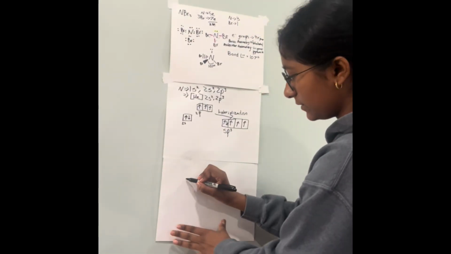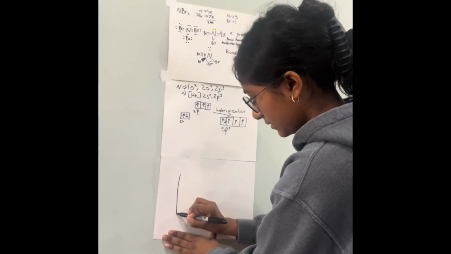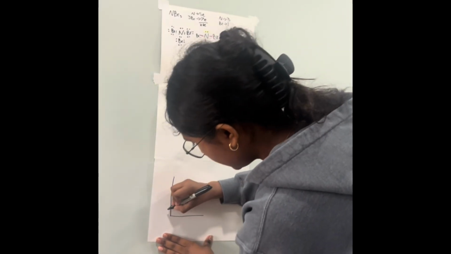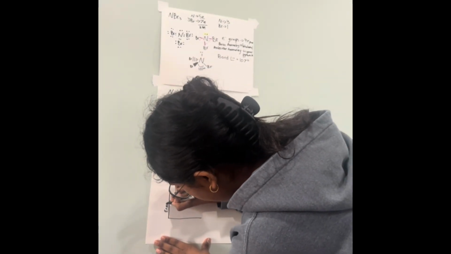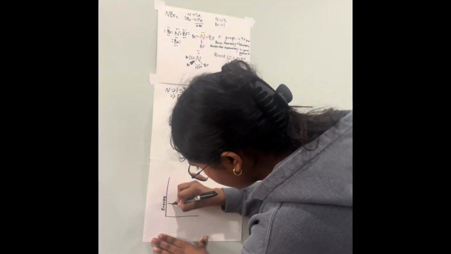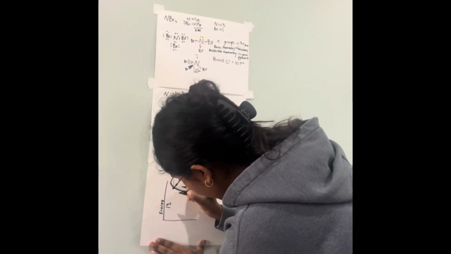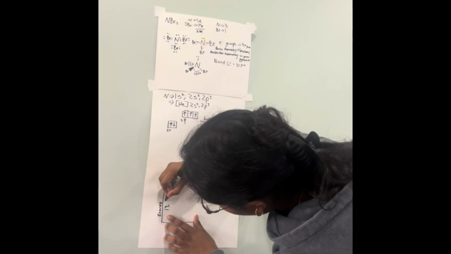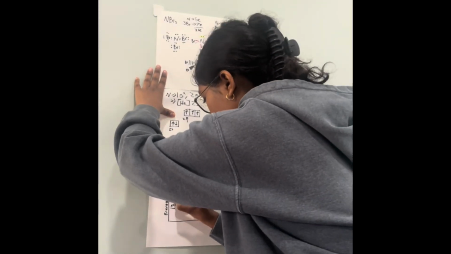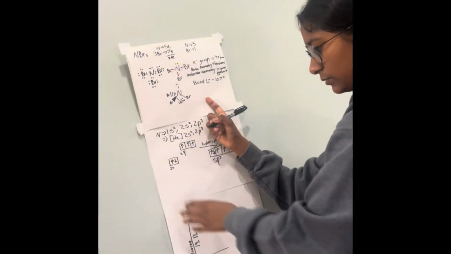So let's draw our energy level diagram right here. So energy here. Draw n here. n is equal to 1. n equals 2 is going to be about half that distance. n is equal to 2.